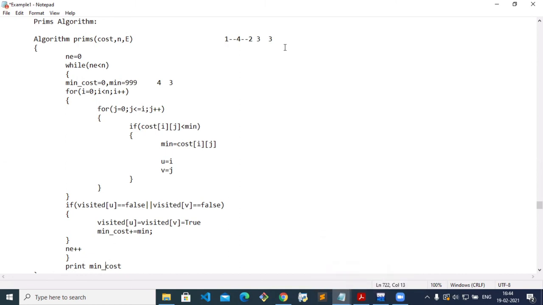Okay, Kruskal's algorithm we'll see in the next session. Prim's is a simple algorithm. We are verifying whether it is minimum or not. If it is minimum, we are making that visited and adding that to the minimum cost.